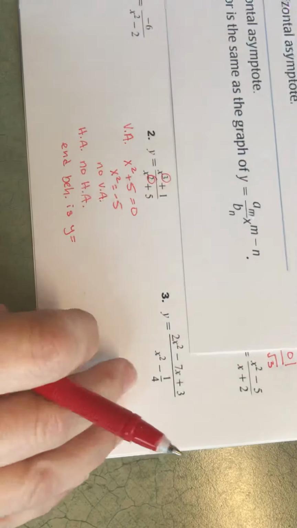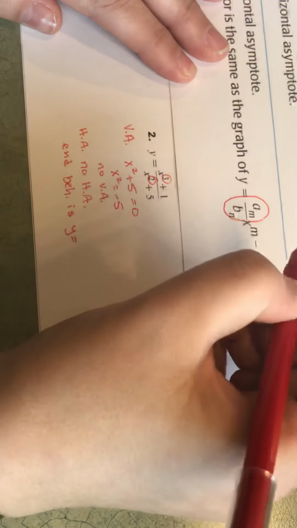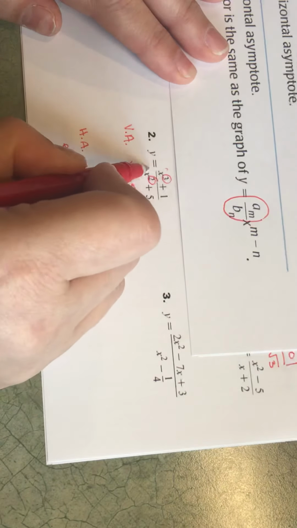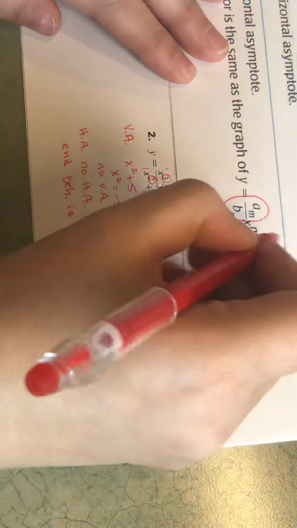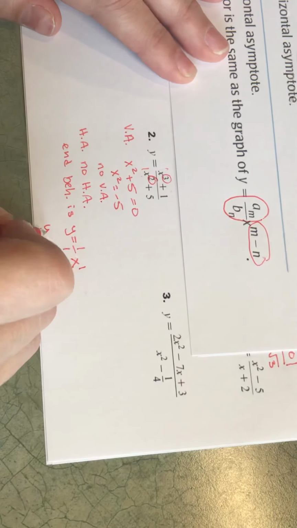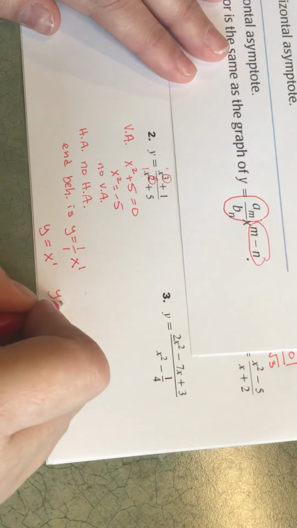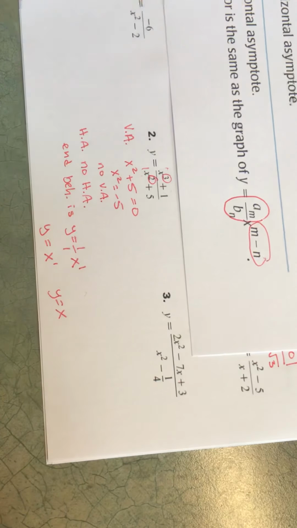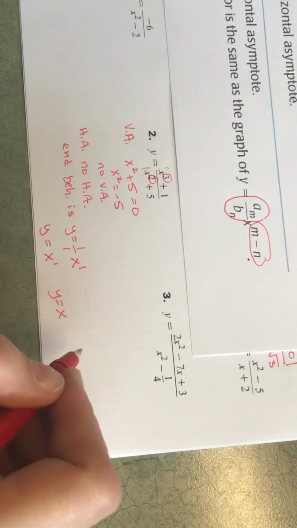Let me put this back up here so you can see it. So we have the ratio of the leading coefficients, 1 over 1, times x to the difference of the degrees, which is the first power, so y equals x is what we could write. That gives us a sense of the overall shape of the graph.